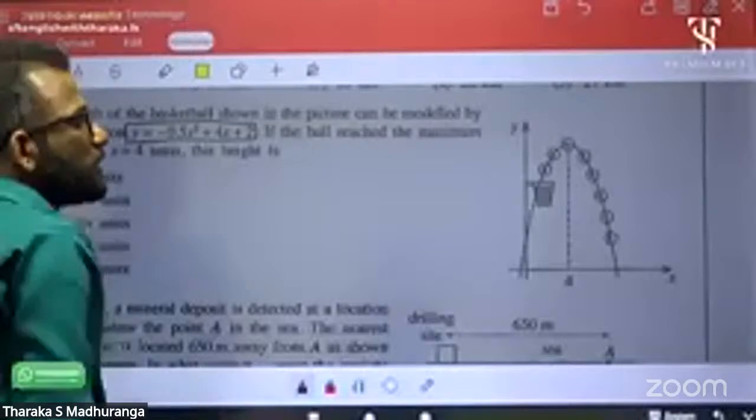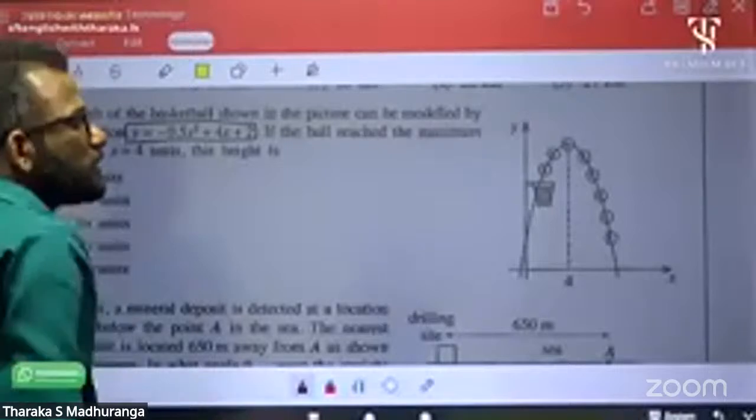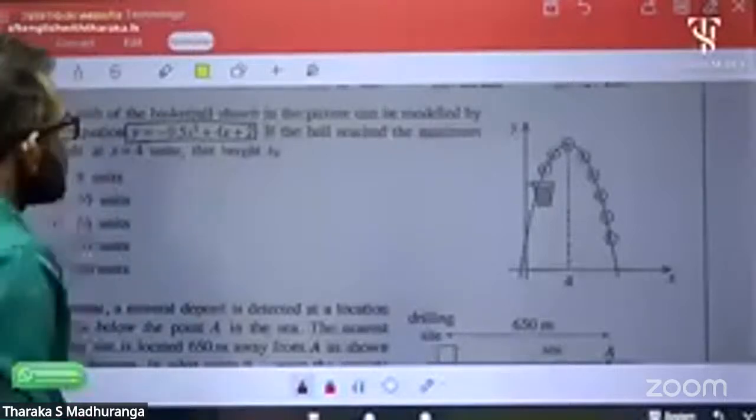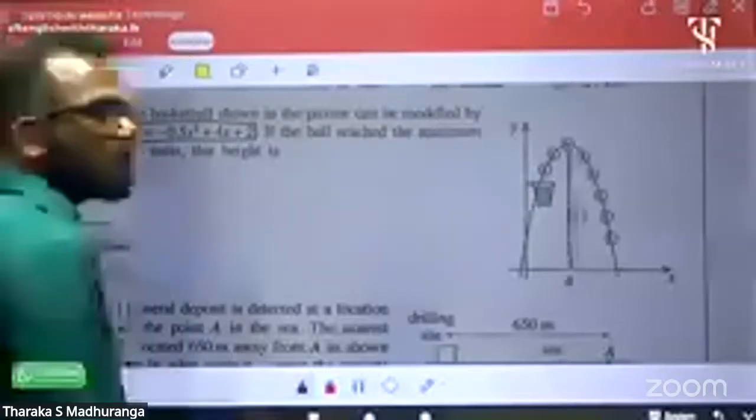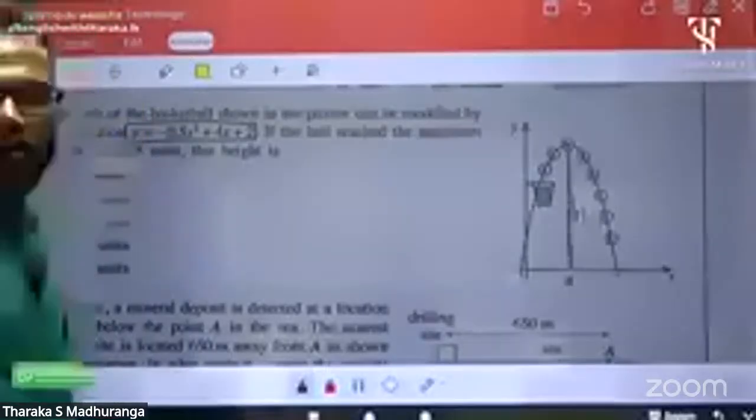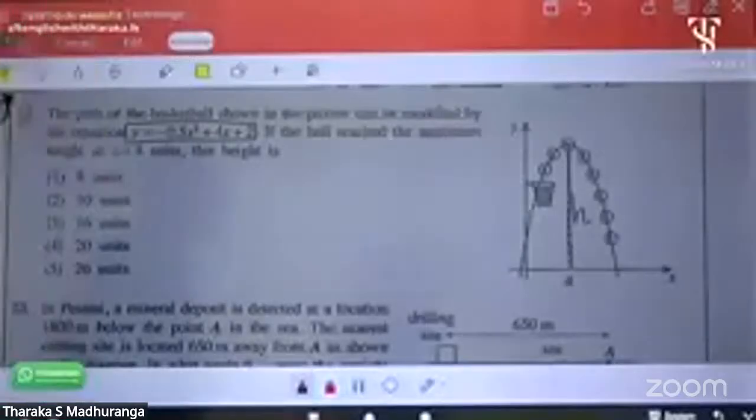If the ball reaches its maximum at x equal 4 units, the maximum height is asked. How to calculate? That means the turning point's y coordinate. The x is given, x equals 4, so you can substitute 4 into the given equation.